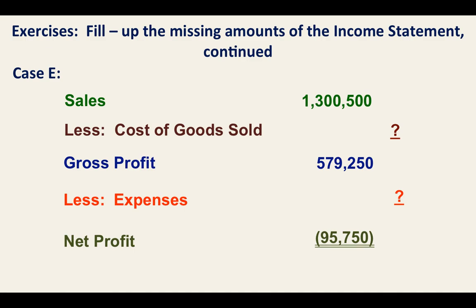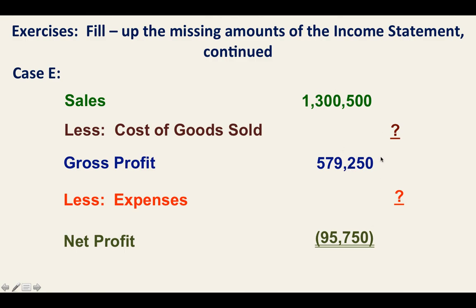So we can compute cost of goods sold and expenses, whichever you want to compute first. But normally it is better if the two amounts are available, it's better to start from the top.